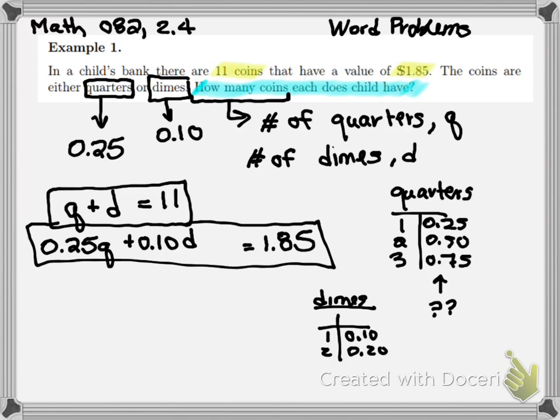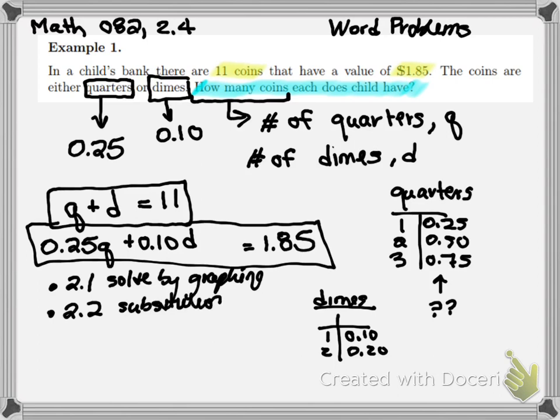So from here, what are our options? Our three options: in 2.1, we learned how to solve by graphing. So if I wanted to graph these two equations, I could, either by hand or using technology. A second method that we learned was to use substitution.